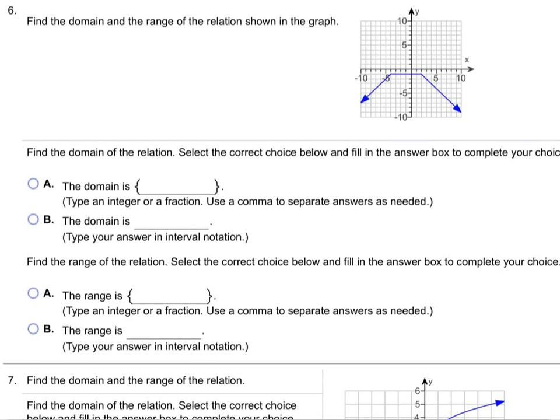So try that one. Find domain and range. So domain first off. Left edge, right edge. How far left, how far right does that graph go?